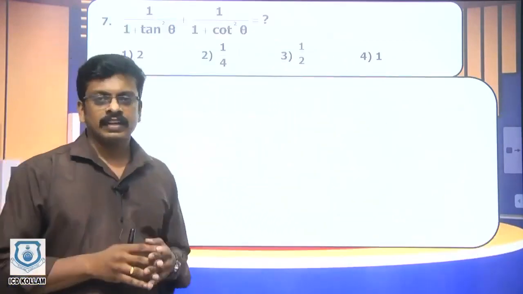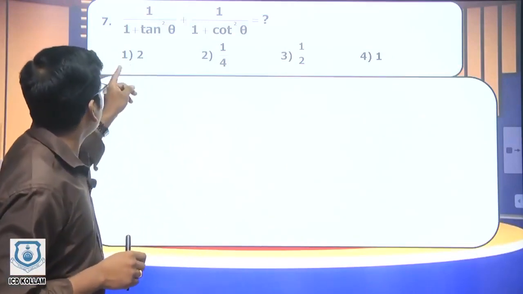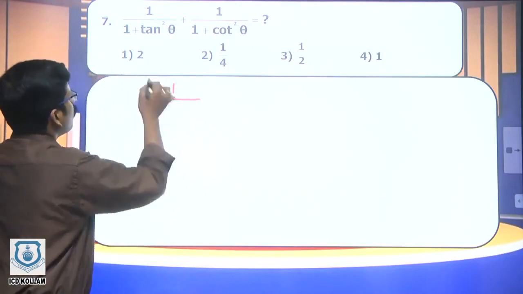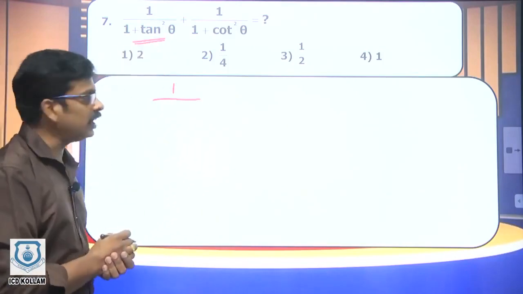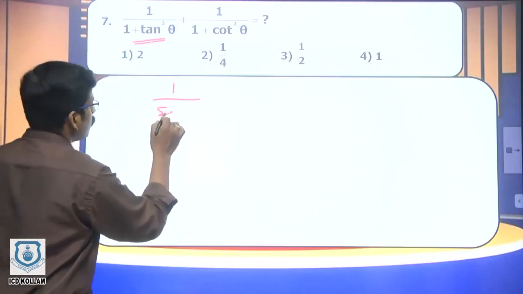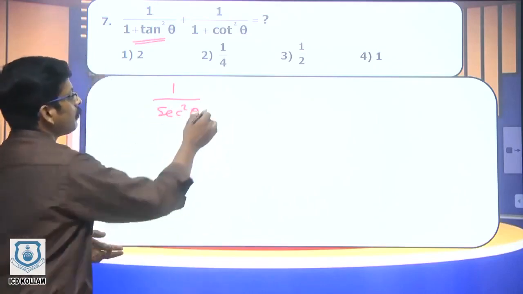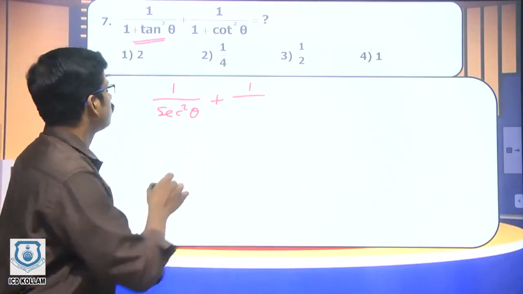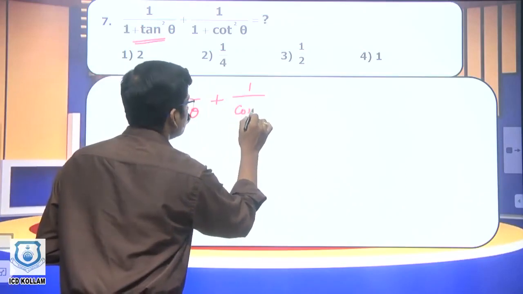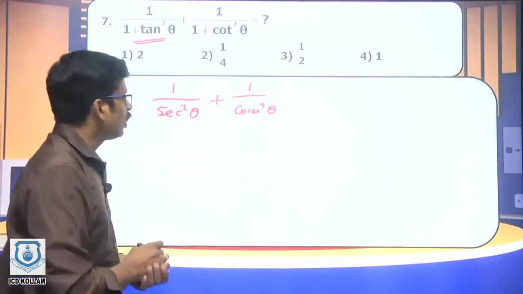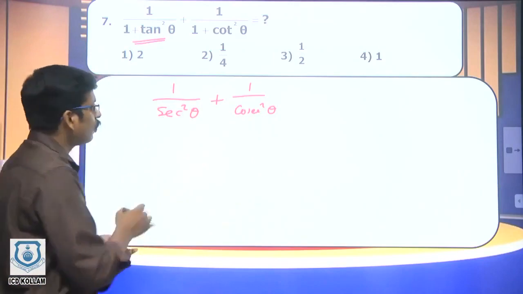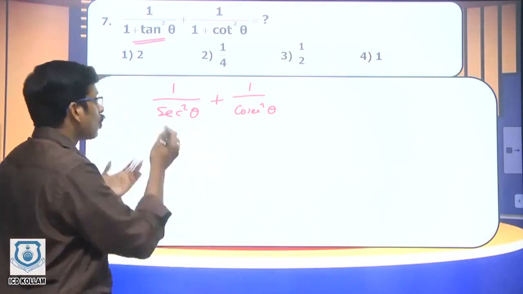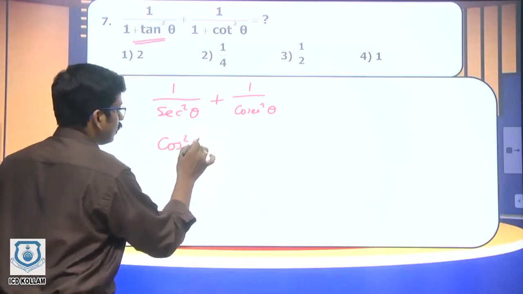Question number 7. Here 1 by 1 plus tan square theta. We can say 1 plus tan square theta is actually sec square theta, so 1 by sec square theta, plus here 1 plus cot square theta is actually cosec square theta. 1 by cos is sec, so 1 by sec is cos, this is cos square theta.